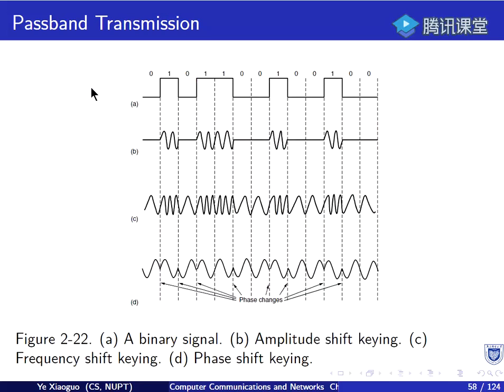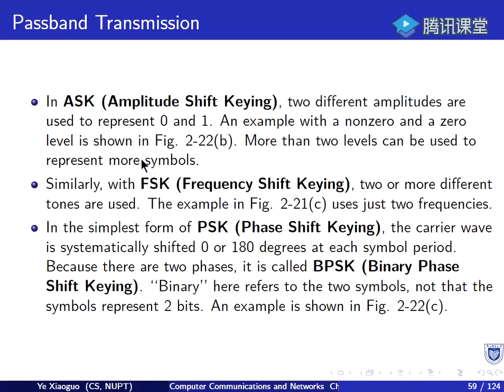Okay, passband transmission, we have amplitude shift keying, frequency shift keying, and phase shift keying. We also call them ASK, FSK, PSK. In ASK, two different amplitudes are used to represent 0 and 1.